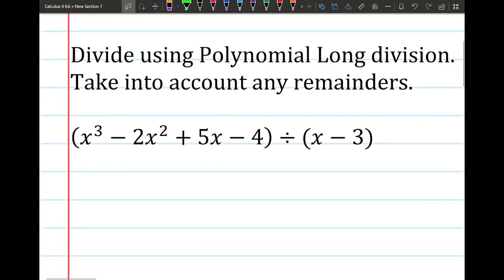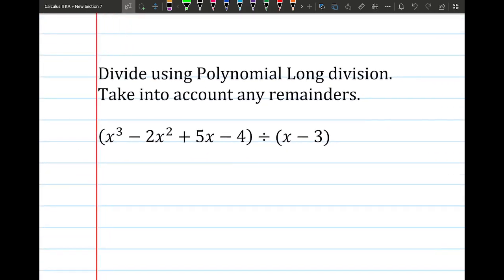So it says divide using polynomial long division and take into account any remainders. So what we're going to do here is rewrite the problem. So x cubed minus 2x squared plus 5x minus 4. And we're dividing it by x minus 3.